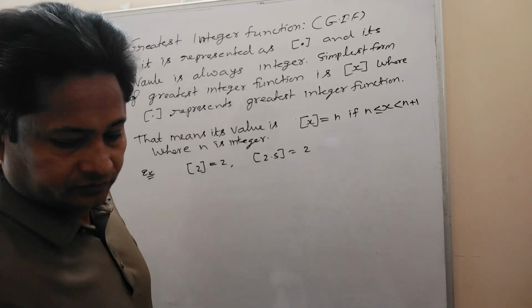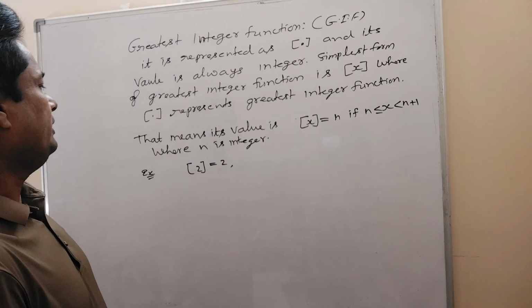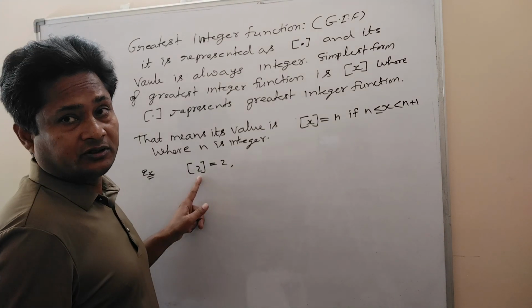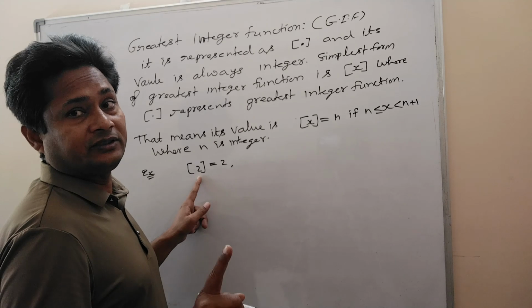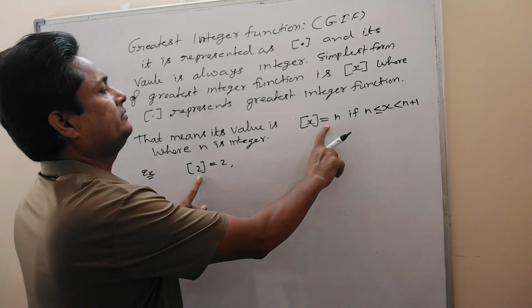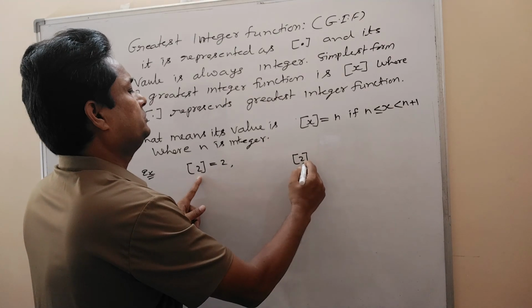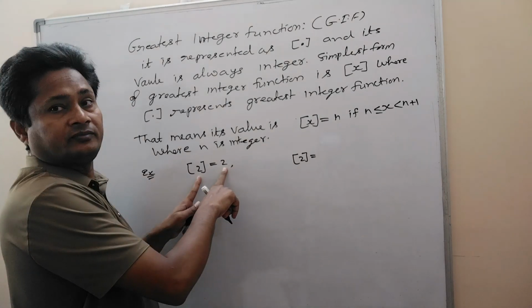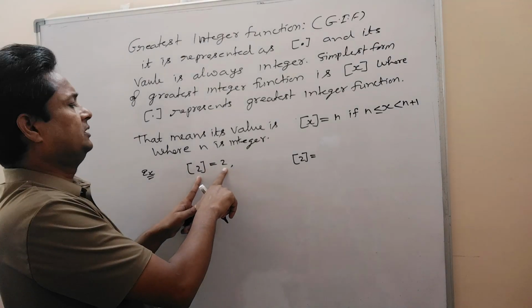See here. Inside the box is written 2 in place of x. So if we substitute 2 in place of x, then n is coming 2.